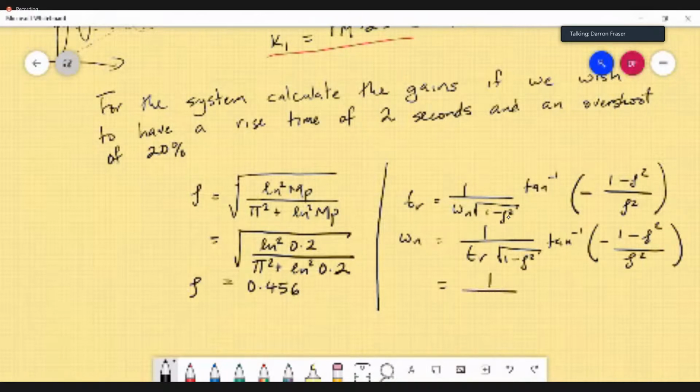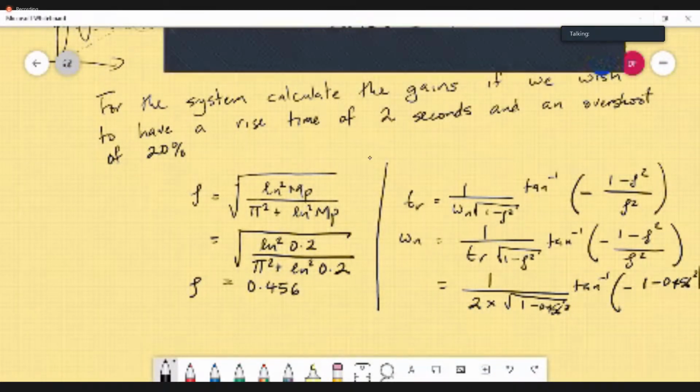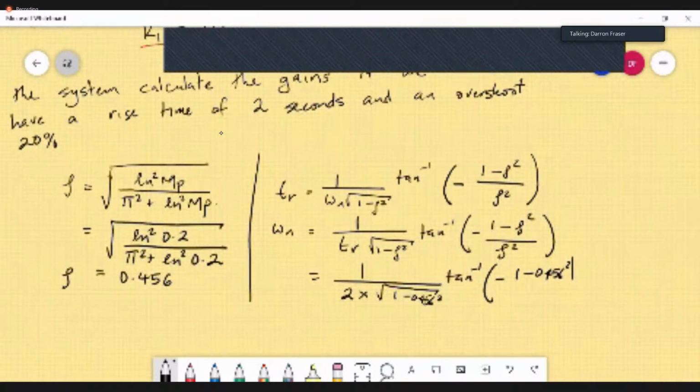So that's 1 over 2 times the square root of 1 minus 0.456 squared, tan inverse of minus the square root of 1 minus 0.456 squared over 0.456.